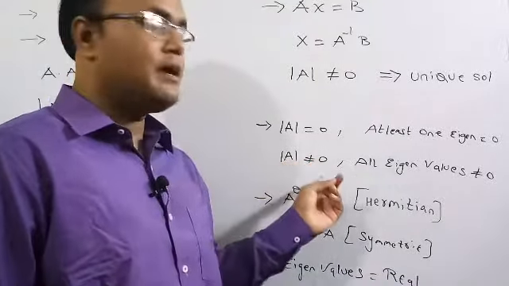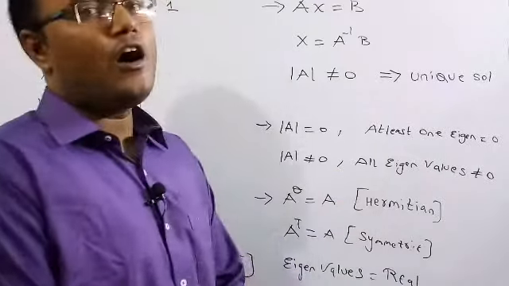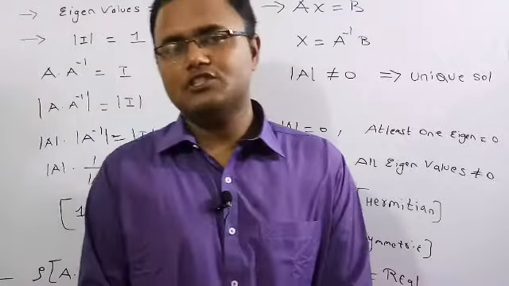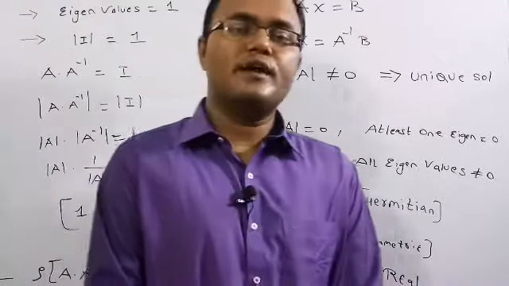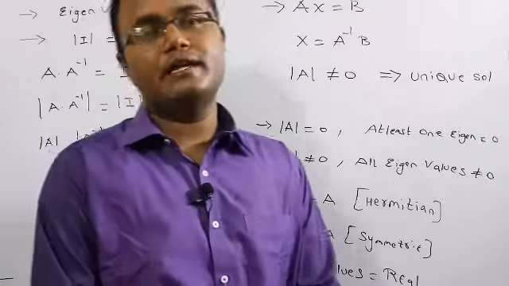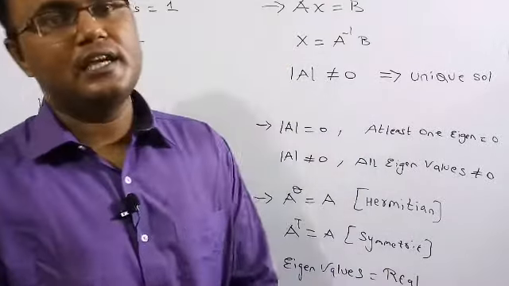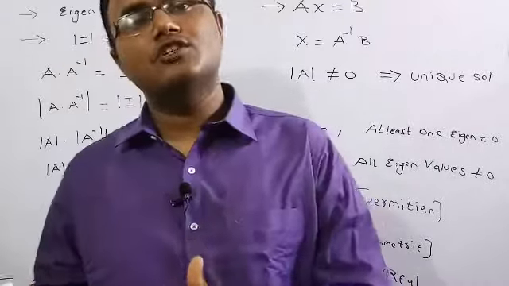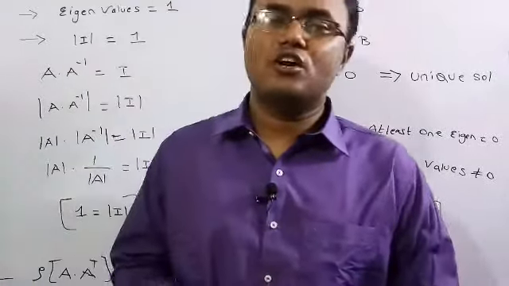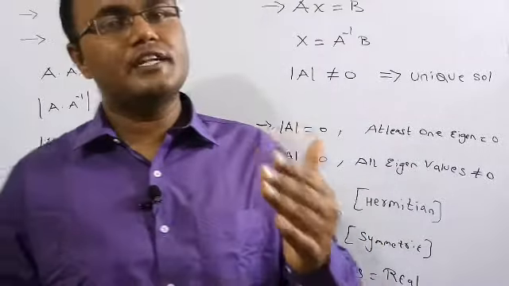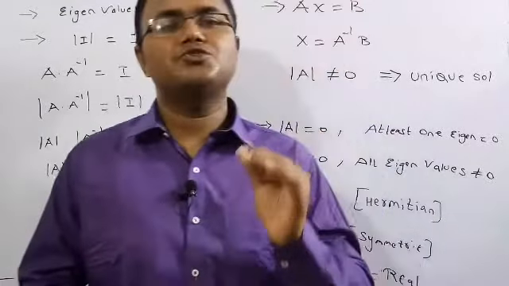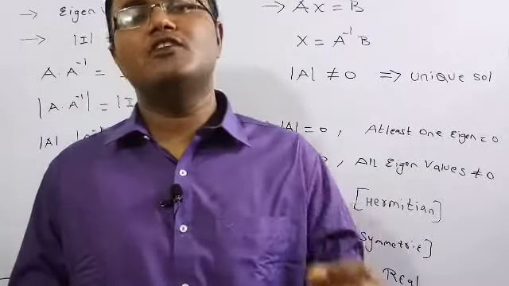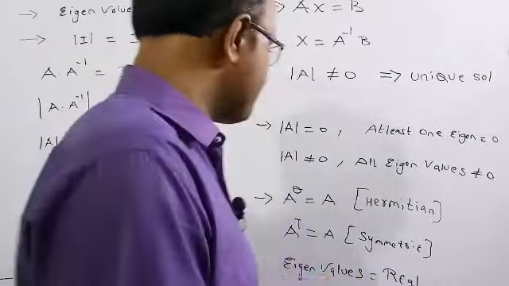Conversely, the determinant of the matrix not being equal to 0 means all the eigenvalues are non-zero, and all the row vectors or all the column vectors in that matrix are linearly independent. If some of the row vectors are dependent, we can say for sure that the determinant of the matrix is equal to 0 and at least one eigenvalue is also 0.